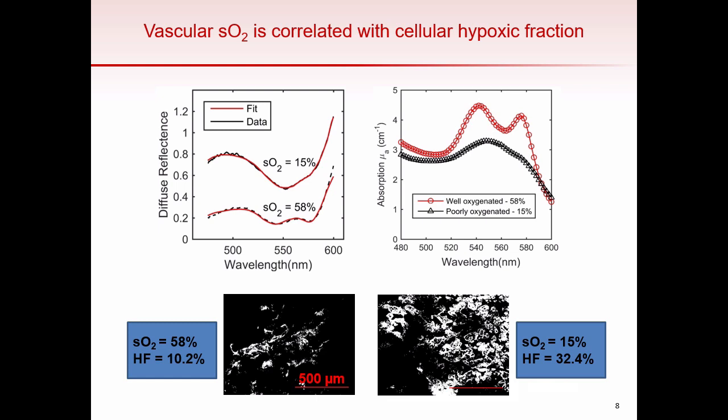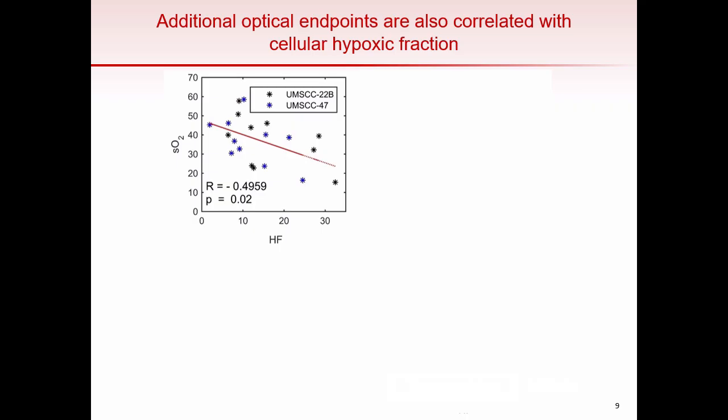Now, this is only for 2 animals, 2 samples. When we look at our entire data set, we see that oxygen saturation is negatively correlated with hypoxic fraction. This is indicating that hypoxia is formed when microvasculature is not capable of meeting the demand from surrounding tissue.